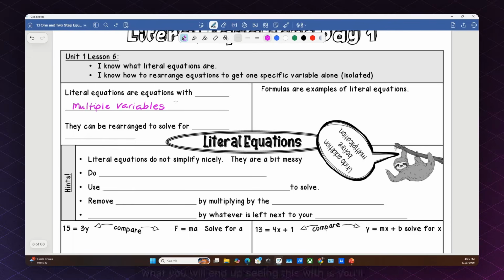And what you will end up seeing is multiple letters. And they can be rearranged to solve for only one variable.